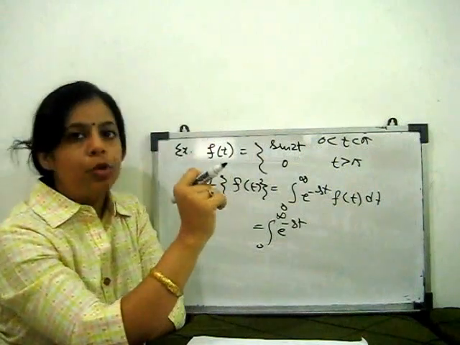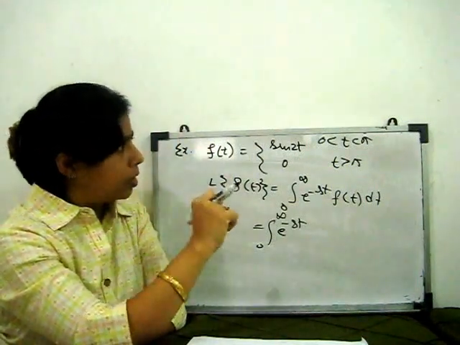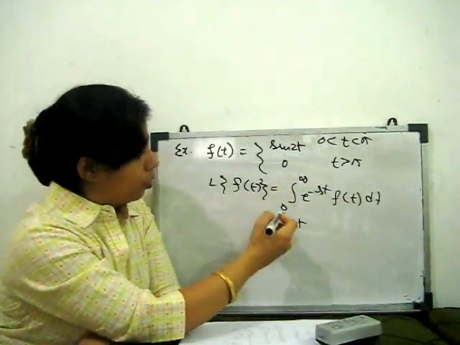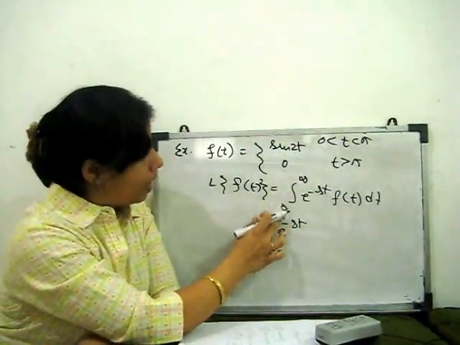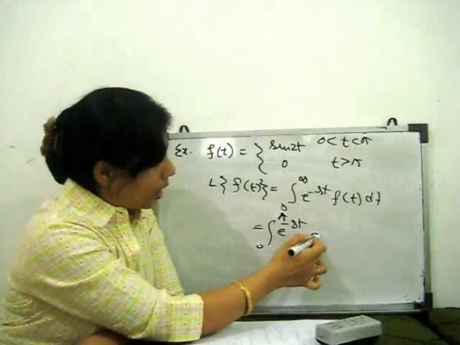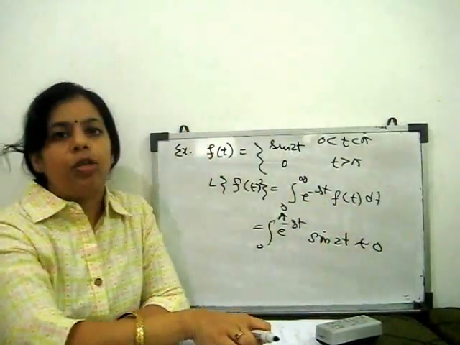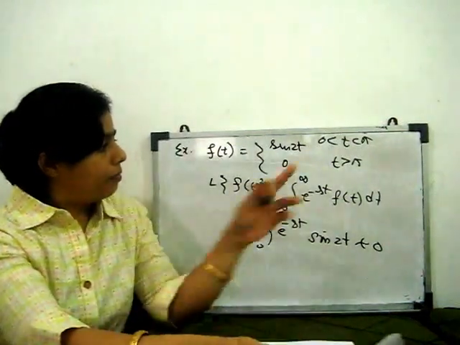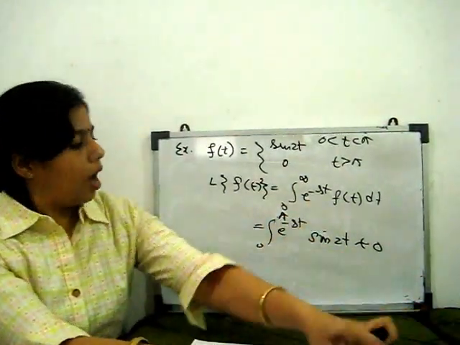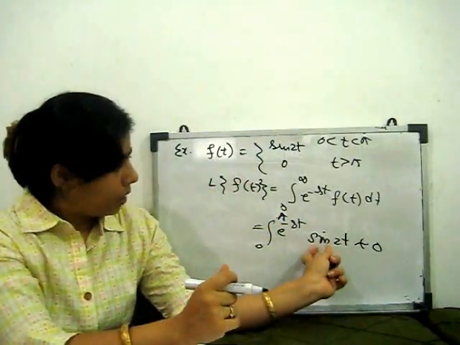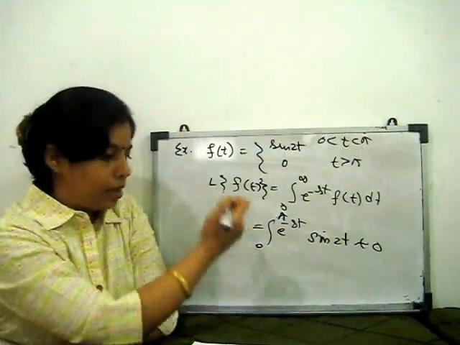We have to substitute our function in place of f(t). The function has value sin 2t from 0 to pi, and for greater than pi the value is 0. So this integral from pi to infinity goes to 0, and our value of this function is given by this.